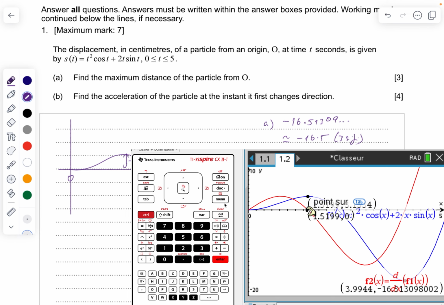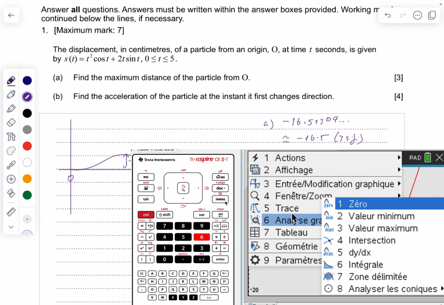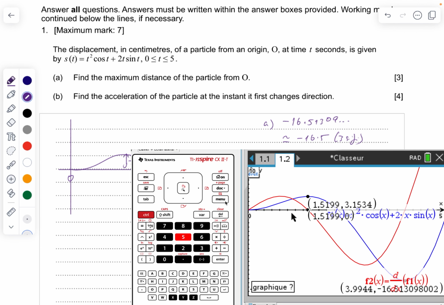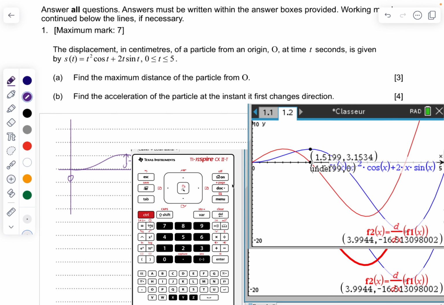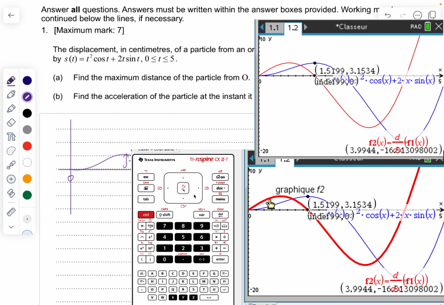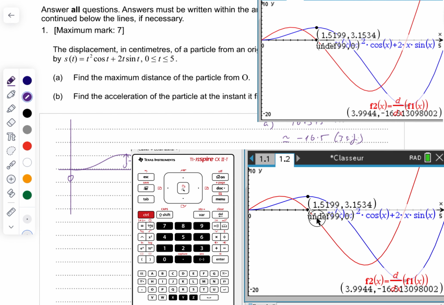And now the acceleration, well, that's the differential, the gradient of this one. So I'm going to do menu, analyze graph, differential, number 5. And which graph do I want? I want the red one. And point on, so we do it there. And it said, you can see that, undefined.